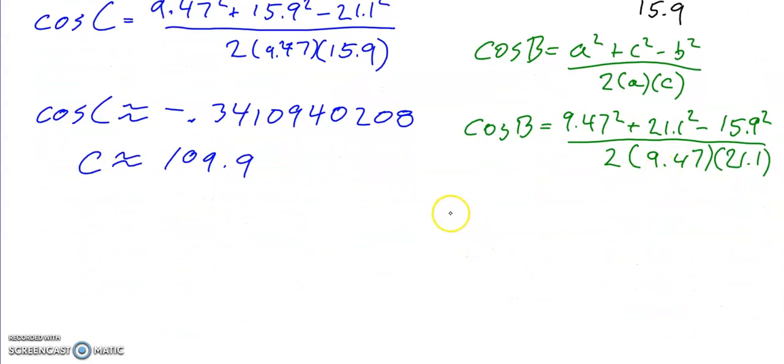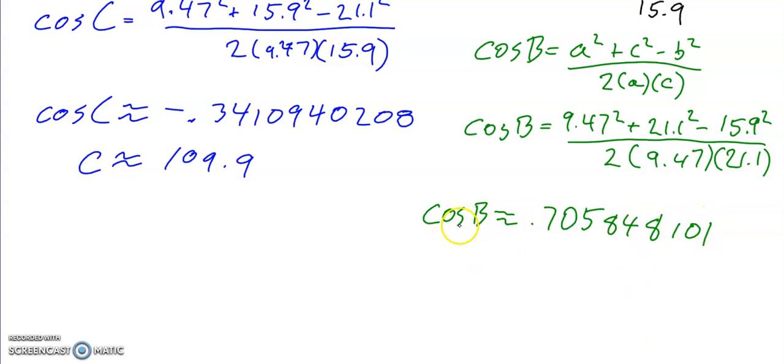All of this gets entered into a calculator, and we find out that the cosine of B is about 0.705848101. Take the inverse cosine of this, and we're going to get that angle B is about 45.1 degrees.